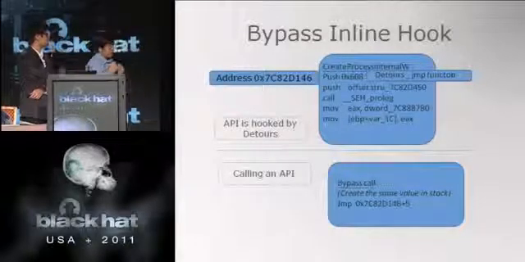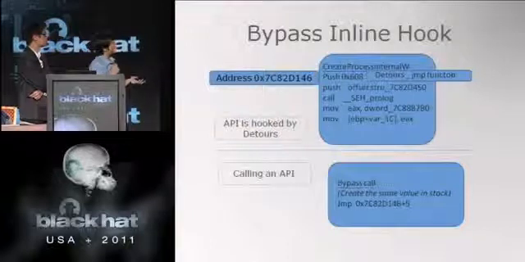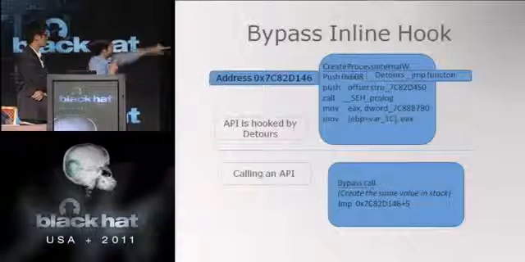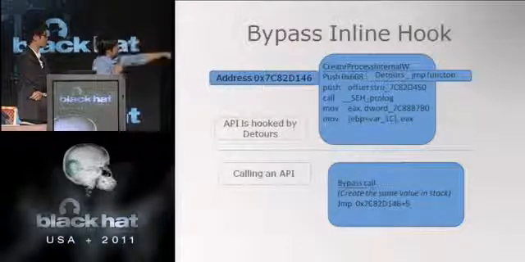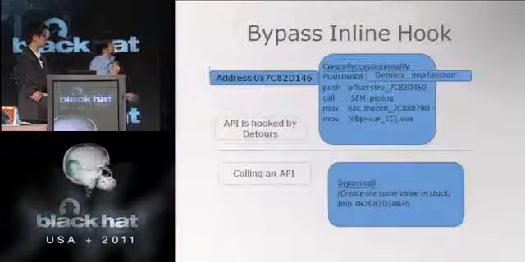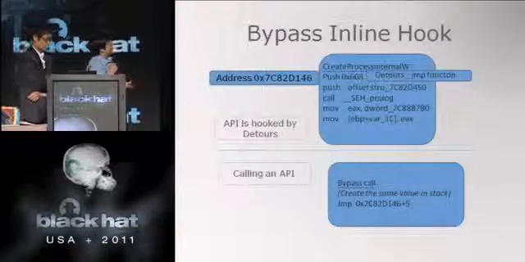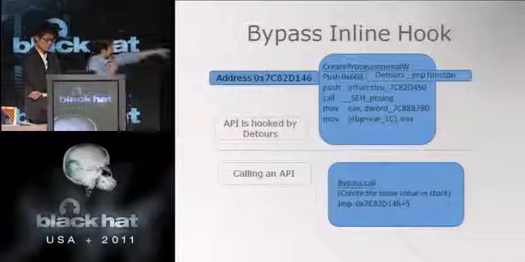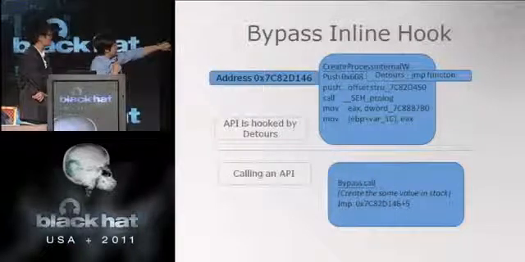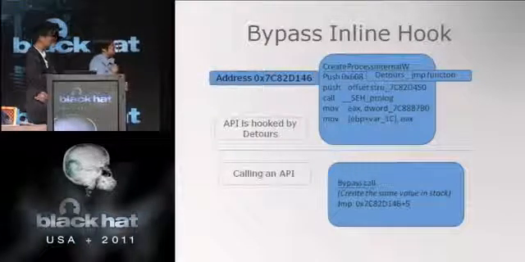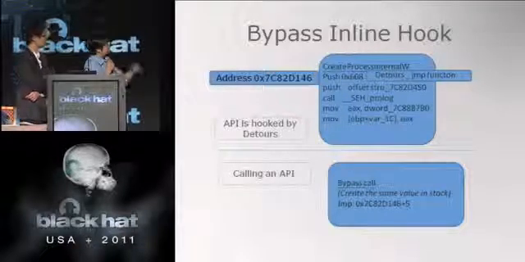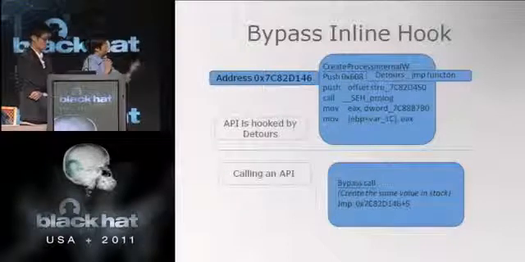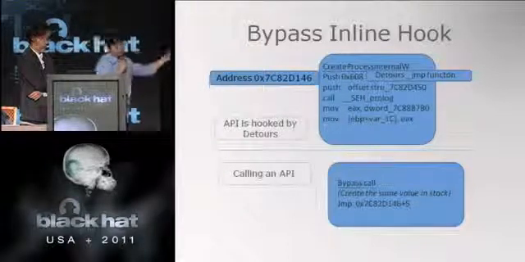When we want to bypass this API hook, we may just jump to the address of the function plus a few bytes. Then we can skip and bypass the protection. And before the jump, we need to create the values in the stack. Thus, after the execution, the control will go back to here.